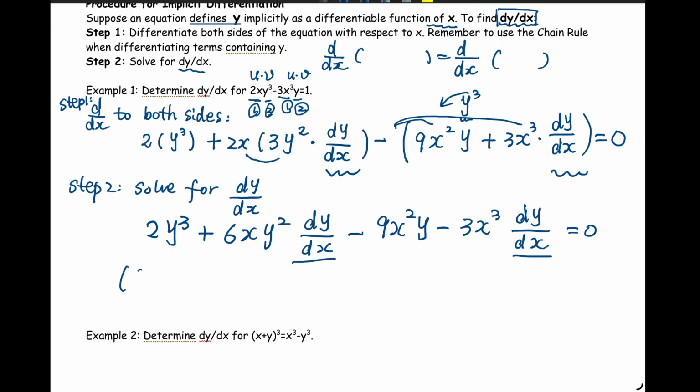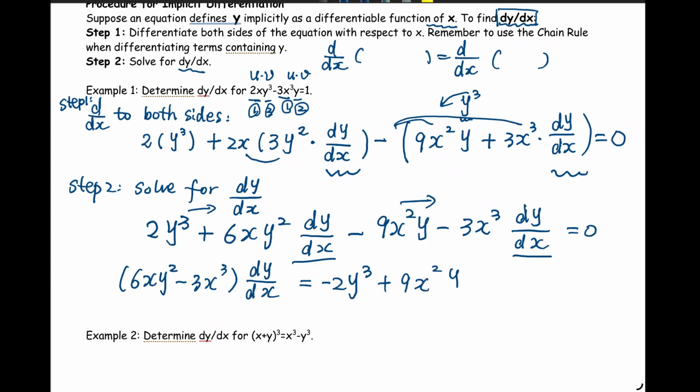Then we put dy by dx together and move other terms to the other side. So we have 6xy squared minus 3x cubed, times dy by dx. Then move the other two terms to the other side. We have negative 2y cubed plus 9x squared y. In order to solve for dy by dx, we want to move this bracket to the other side. This is multiplication, the opposite operation is division.